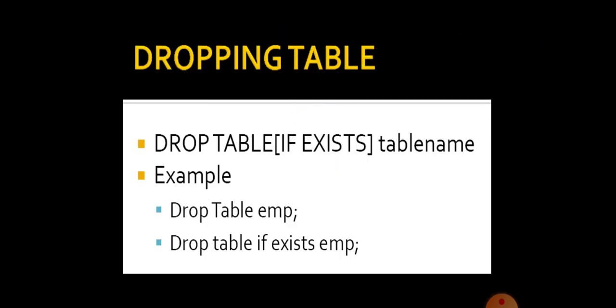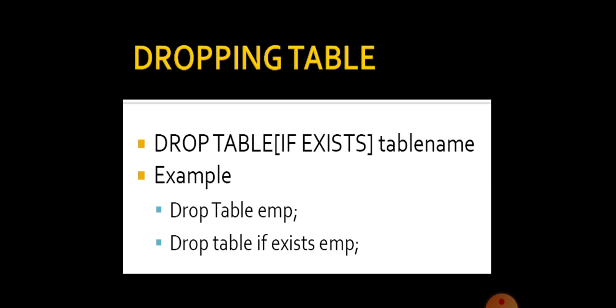How to remove a table? The syntax is drop table, table name. Here the given example is drop table employee. You can also use a clause, that is if exists. Whenever you give this query, the compiler will automatically check whether the employee table is residing in our DBMS or not.